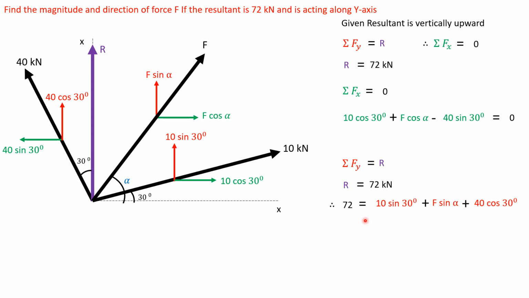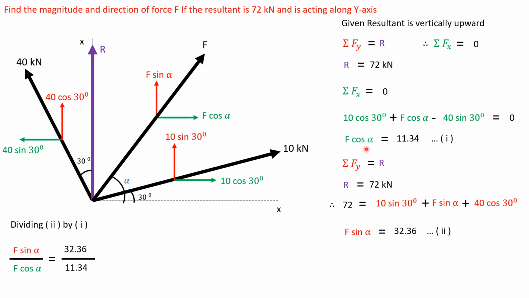Now solving this one, we get the F cos alpha value, and solving this one, we get the F sin alpha value. Say this as 1 and this as 2. Now dividing 2 by 1, we get tan alpha.